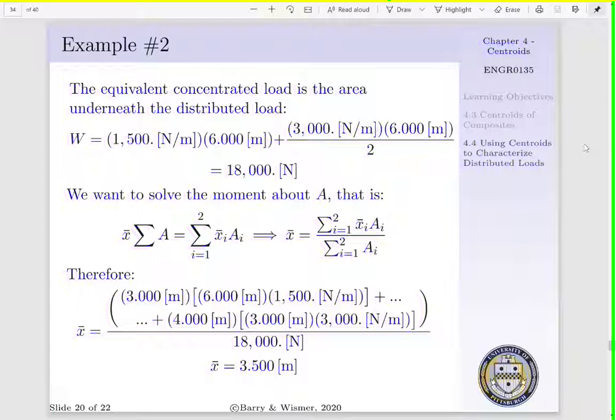This represents the moment due to our triangular shape. Recall the centroid of a triangle is 1/3 our base from the heavy side. This represents 4 meters from point A times the area of that triangle, i.e. 9,000 newtons. And we divide this per the magnitude of our distributed load, which is 18,000 newtons. We find x bar to be 3.500 meters.